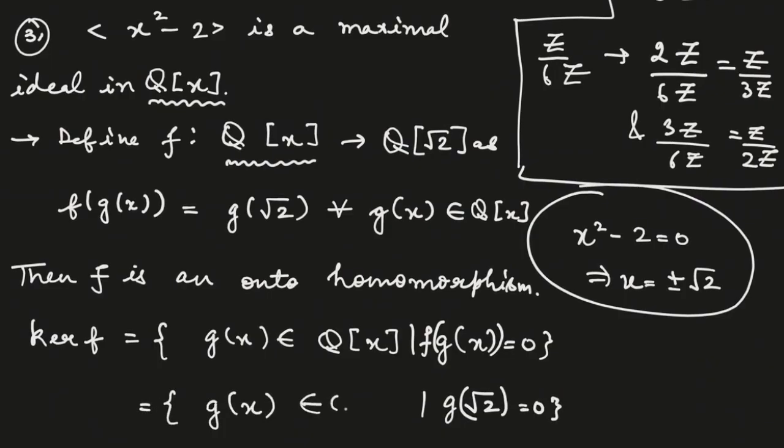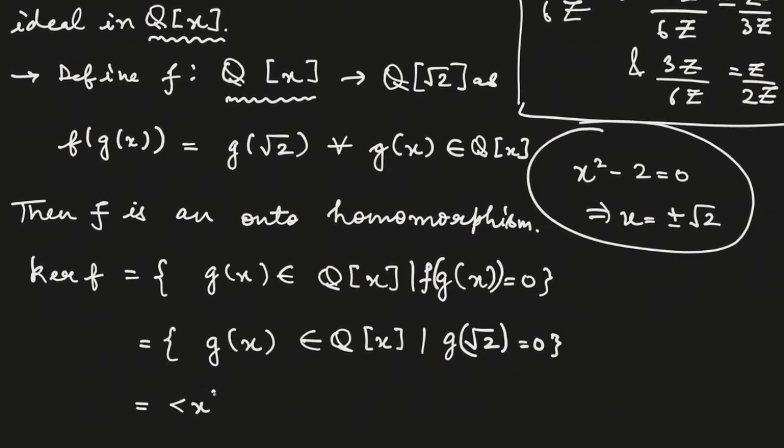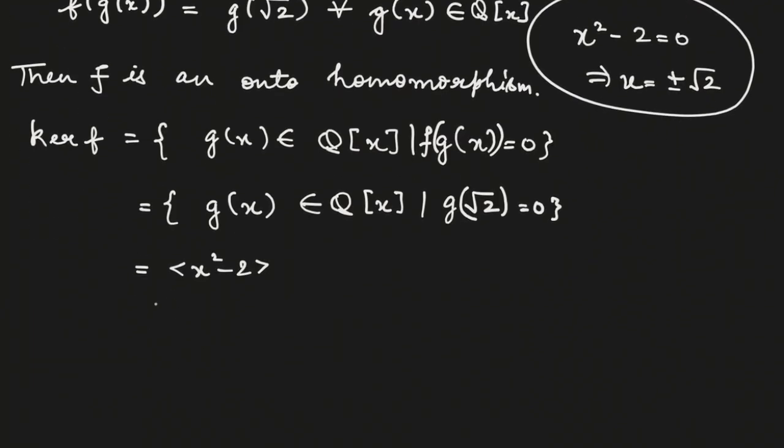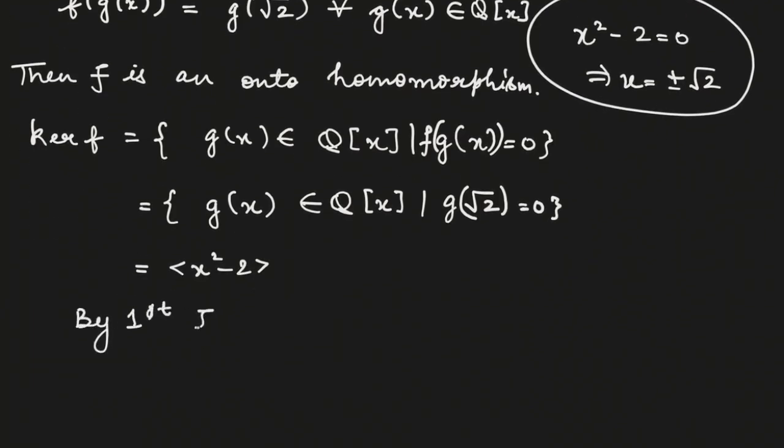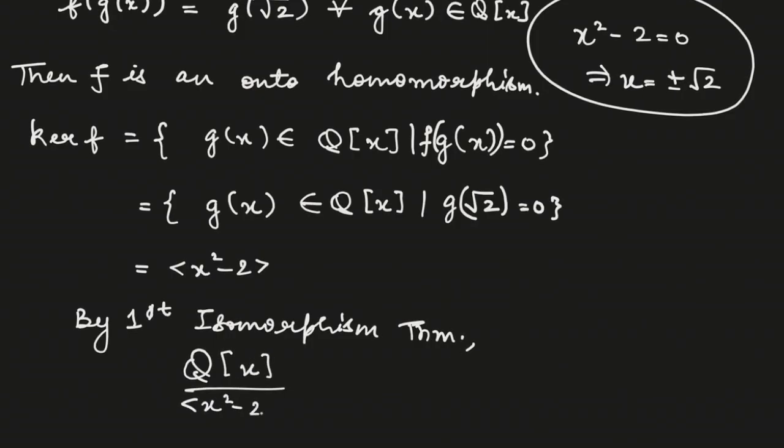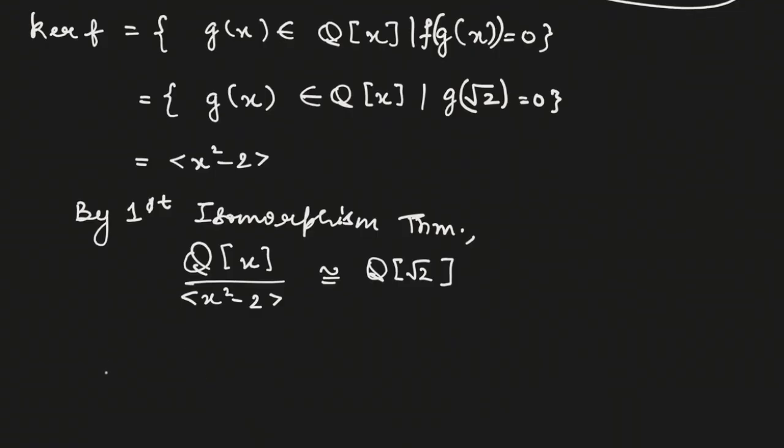So this is the generator x square minus 2. Now by the first isomorphism theorem, Qx by generator x square minus 2 is isomorphic to Q root 2, and Q root 2 is a field.